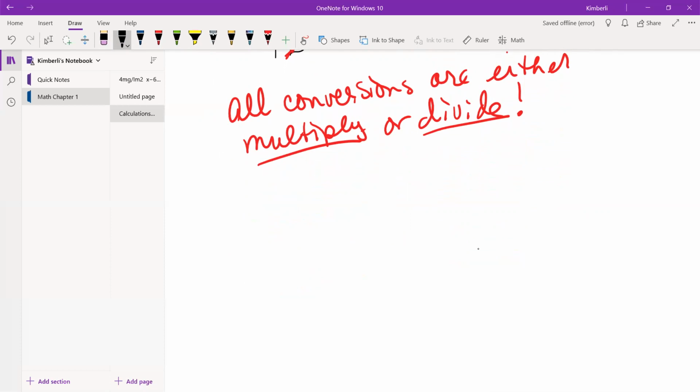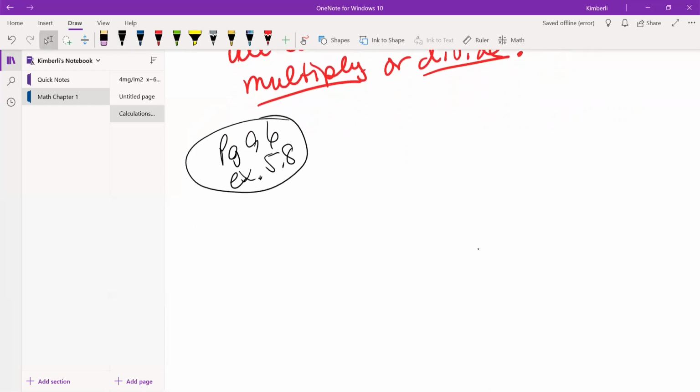Let's look at page 96, example 5.8. Example 5.8, and it says 5 milligrams is equal to how many grams? Okay, so the grams is bigger than a milligram, so you're going to have fewer of them.